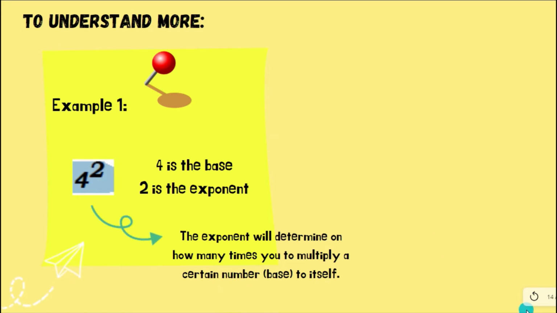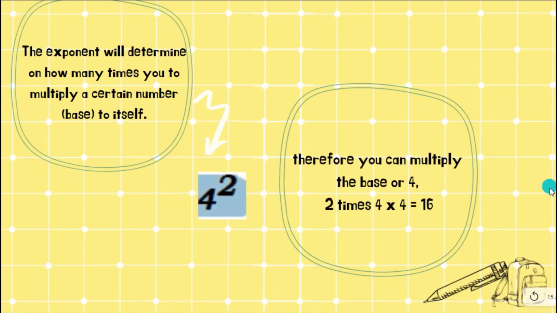The exponent will determine how many times you multiply a certain number or base to itself. This means that the exponent will be the main factor, the one to determine how many times you will multiply the base to itself.